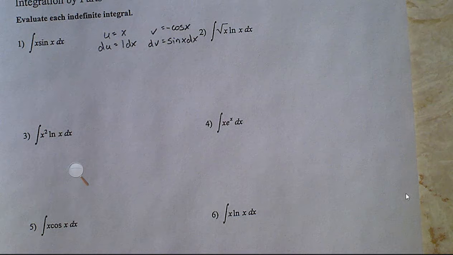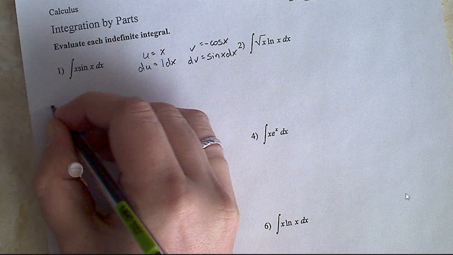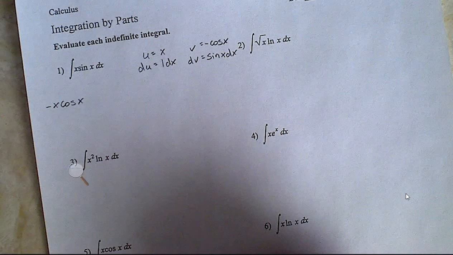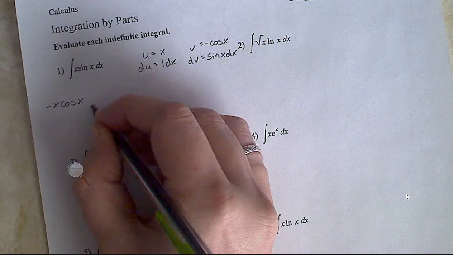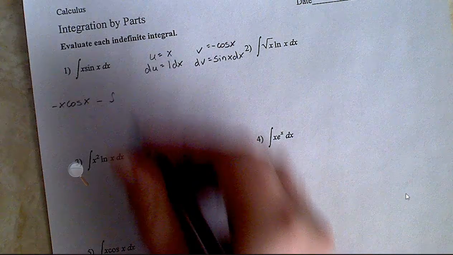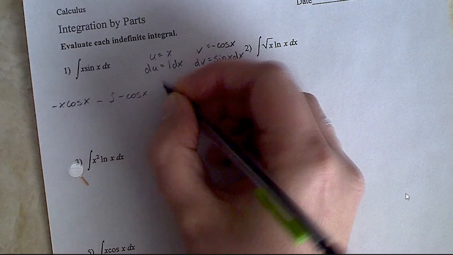So you get x times negative cosine x. I'm going to write that together as negative x cosine x. So that's uv, minus the integral of negative cosine x dx.